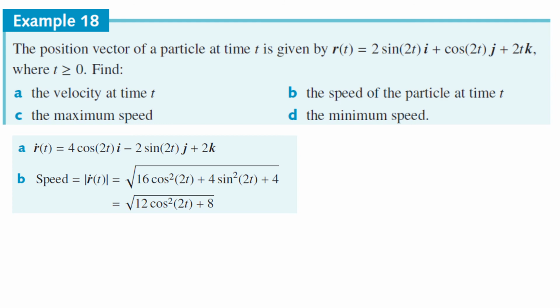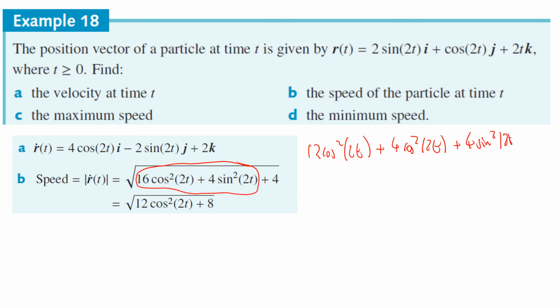You know what? I think I'll jump in there and explain what's going on in case you can't see it. Of course, that's here. Let me just grab that component over here. That's nothing other than 12 cos squared 2t plus 4 cos squared 2t plus 4 sine squared 2t.